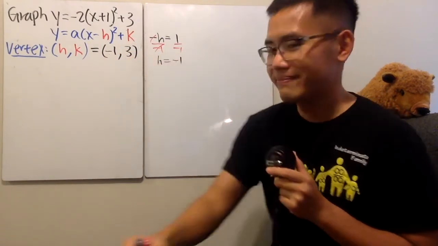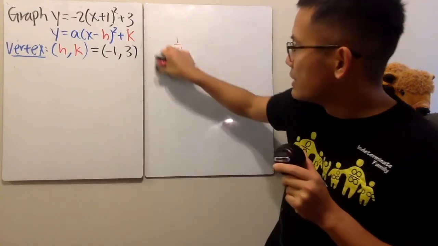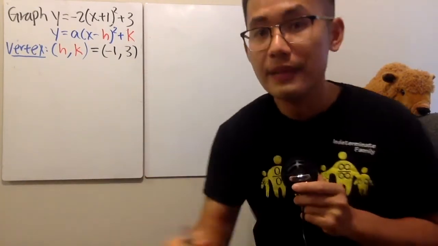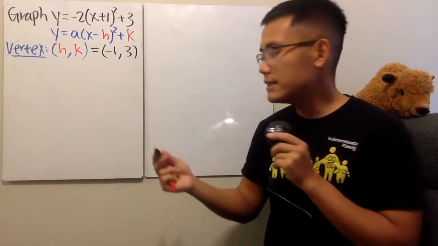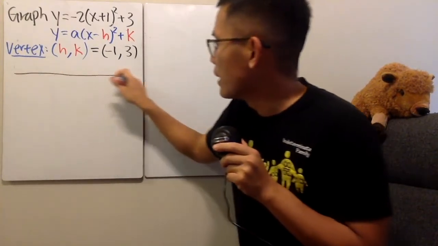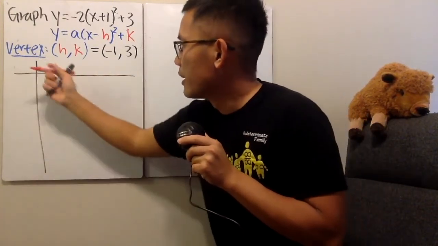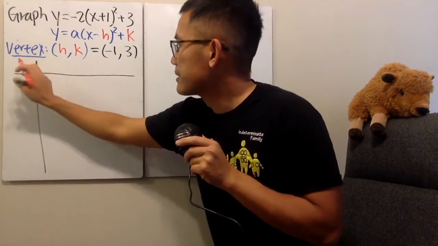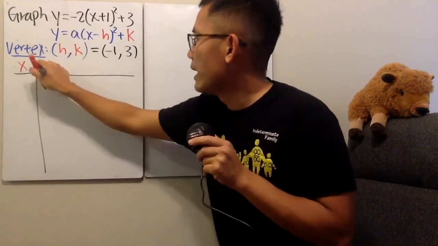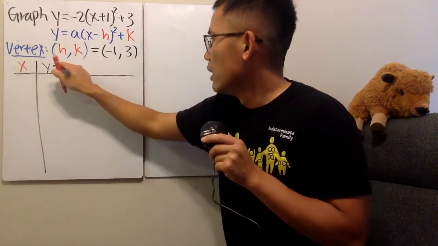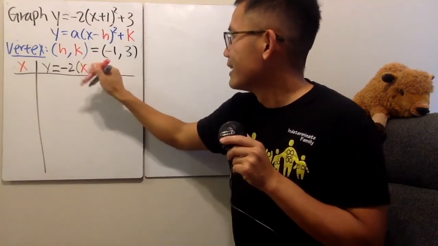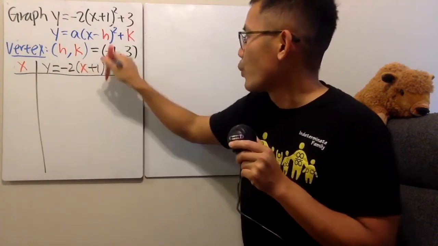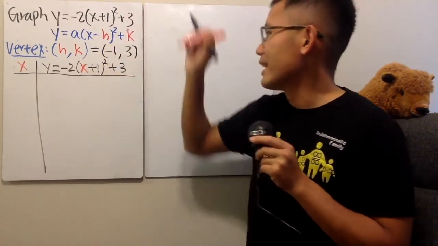So pretty nice. Now with this being done, we can of course set a table with 5 points. So let me write that down right here for you guys. Here is the x column, and then here we have the y. Y is equal to negative 2 times x plus 1, and then square, and then plus 3, like this.